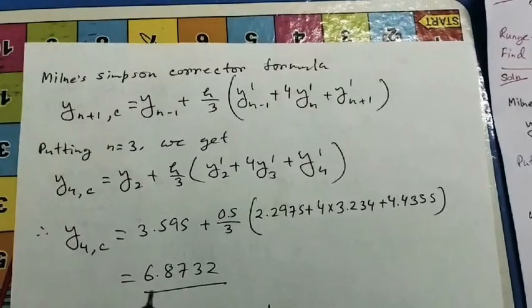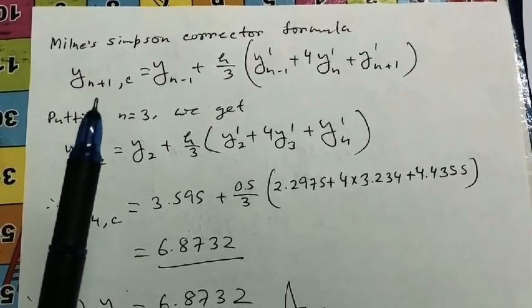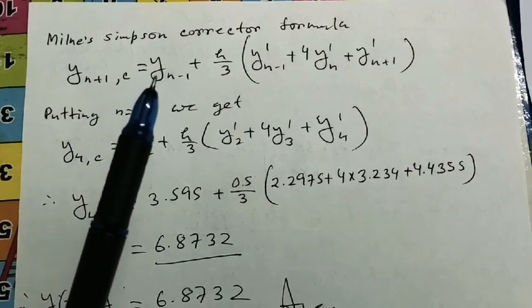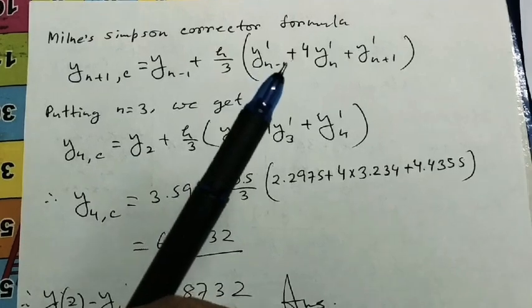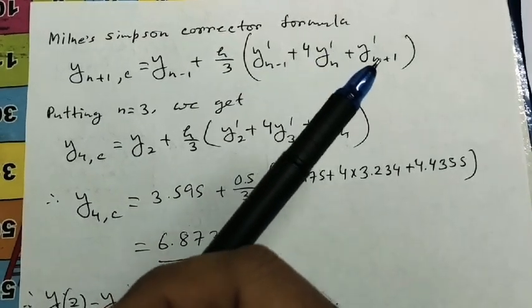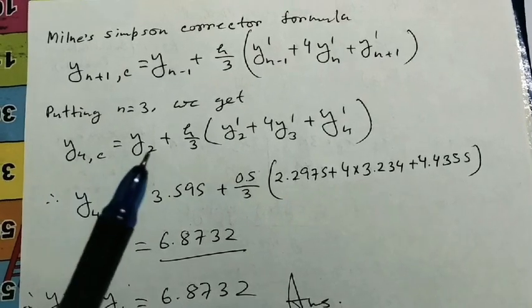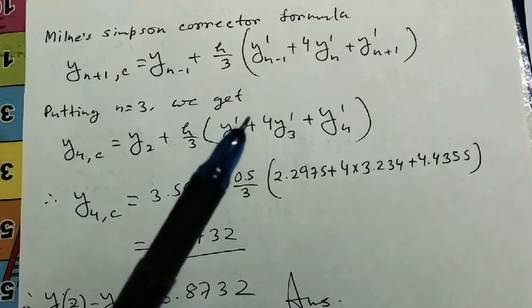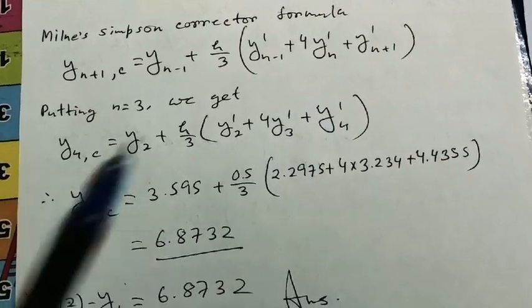Now Milne-Simpson corrector formula, if we apply that, y(n+1)c equals y(n-1) plus h by 3 times (y(n-1) dash plus 4 yn dash plus y(n+1) dash). Putting n equals 3, we will get y4c equals y2 plus h by 3 times (y2 dash plus 4 y3 dash plus y4 dash).